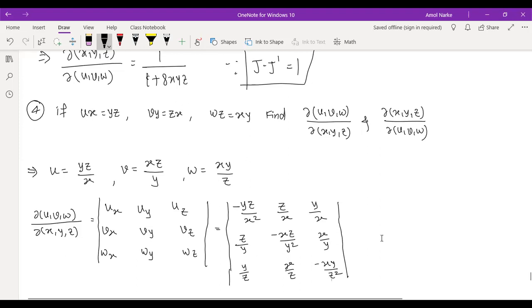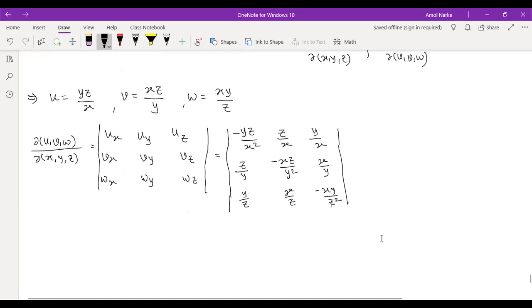Can we take something common out from the first row, second row, third row? From the first row you can take 1 by x square, from the second one 1 upon y square, and from the third one 1 upon z square.